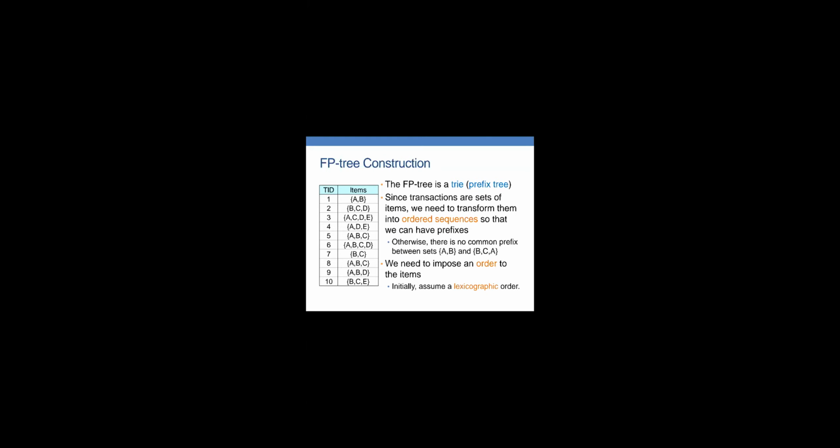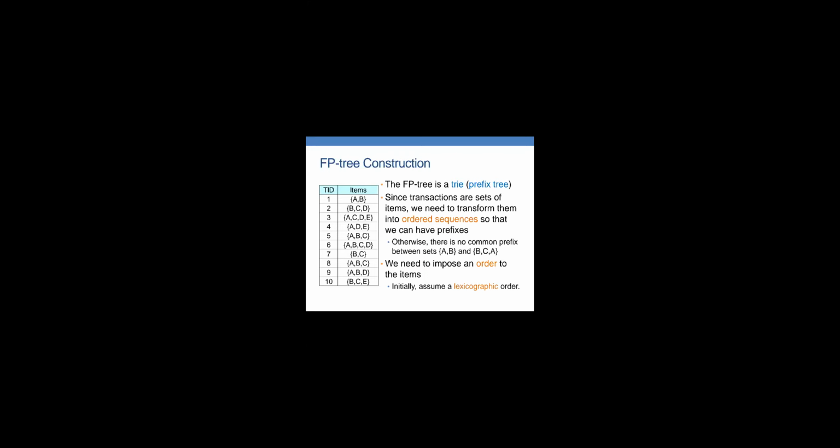In total, we consider 10 transactions, such as AB, BCD, ACDE, and these are the items A, B, C, D, E. Each transaction shows which items they purchased. Since the transactions are sets of items, we need to transform them into ordered sequences so that we can have the prefixes.